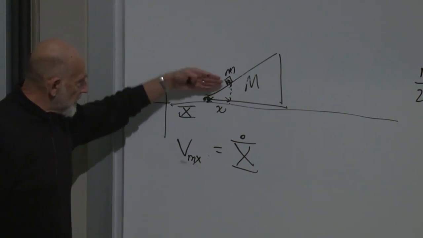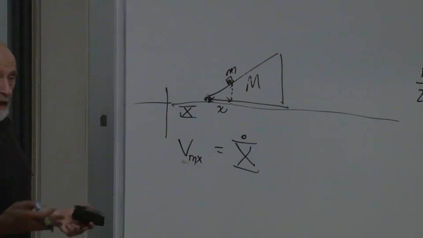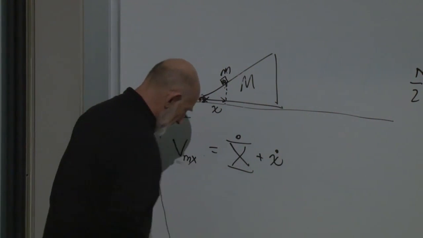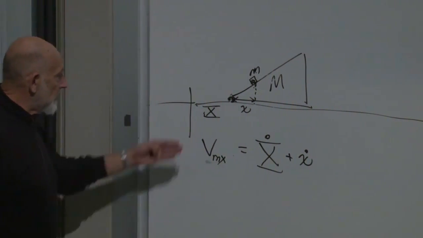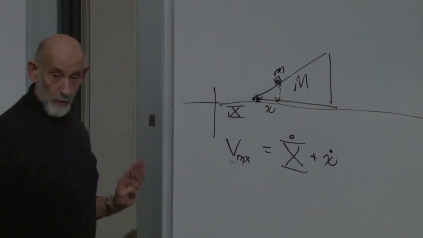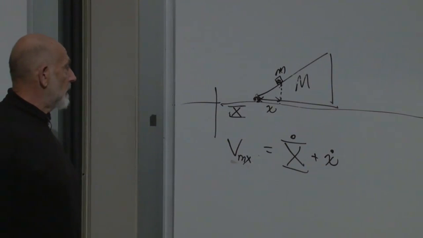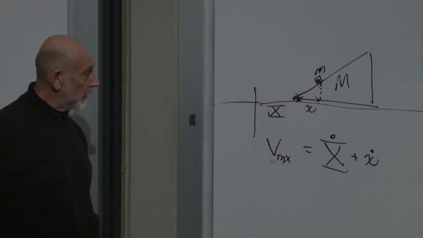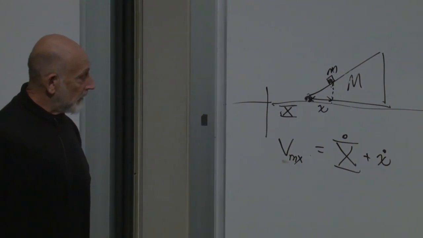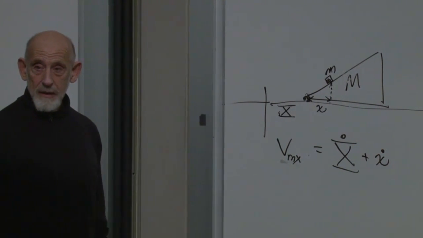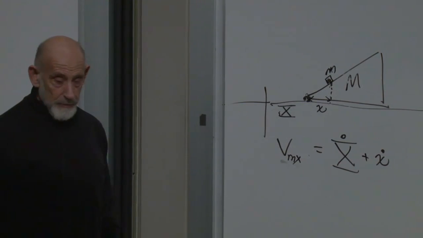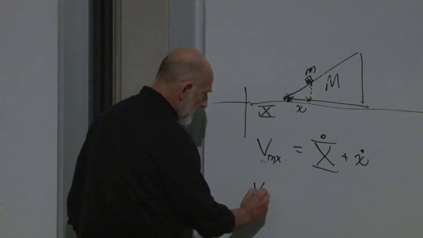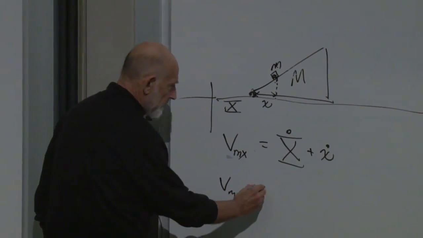Okay, so first of all, it has capital X dot, but then on top of that, it has little x dot. That's the x component. What about the y component of velocity of the block? That is, to some extent, let's write down the y component. V little m y.